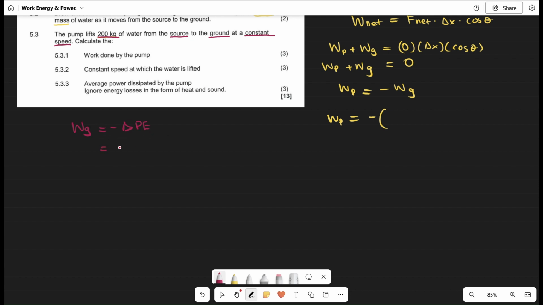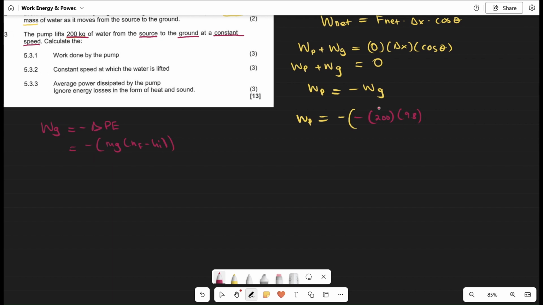So, this is equal to negative Mg, H final minus H initial, right? So we're going to use this formula and just plug it in here. So this is negative. Our M is 200, our G is 9.8, right?